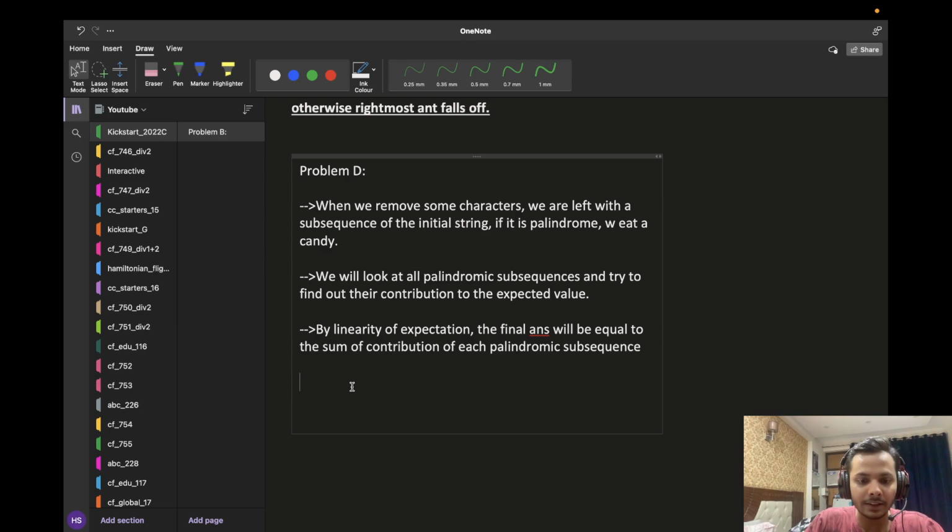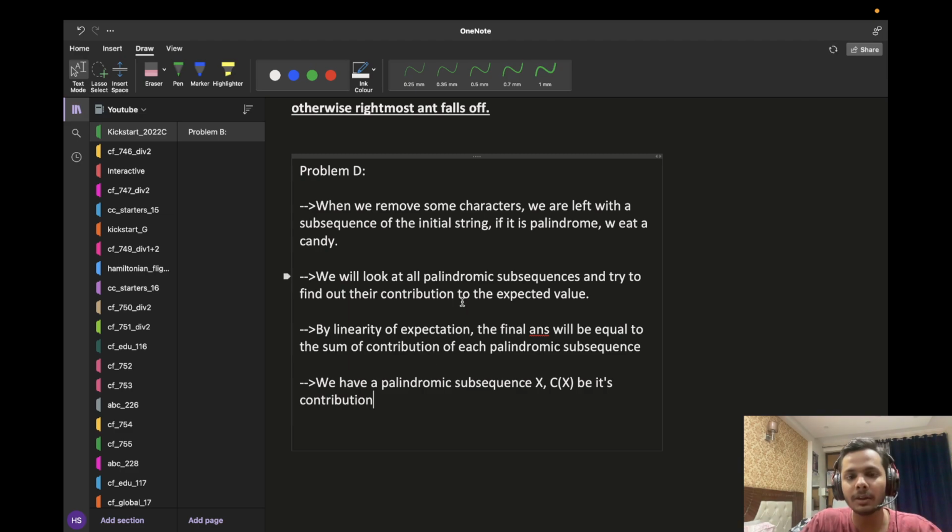So let's say we have a palindromic subsequence x. Let c of x be its contribution. Obviously, we cannot iterate over all these palindromic subsequences, because there can be a lot of palindromic subsequences in a string, right?